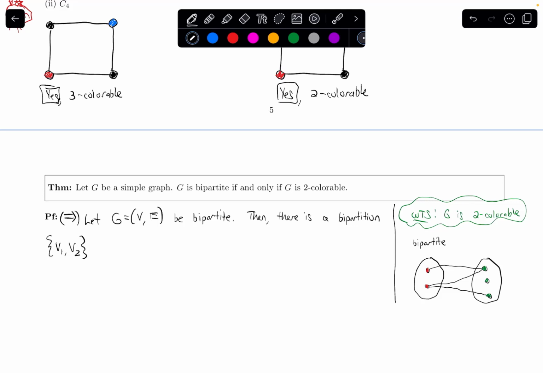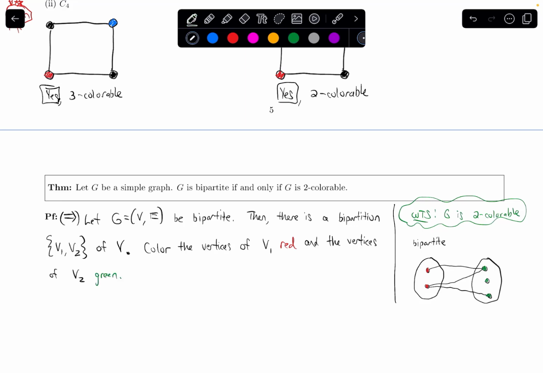Those are the two sets of vertices, a bipartition of V, the set of all vertices. And let's color the vertices of V1 one color, like red, and the vertices of the second group, V2, a different color, like green.